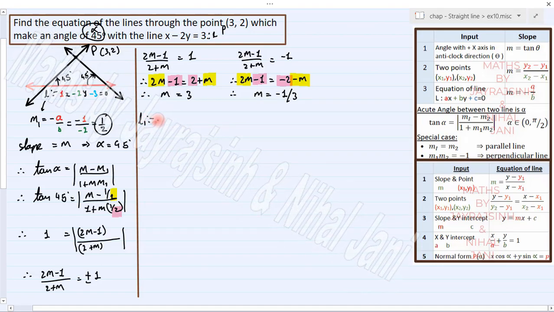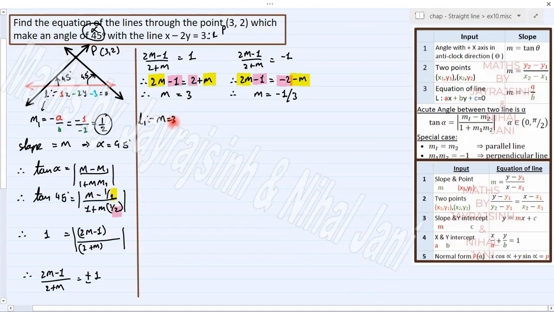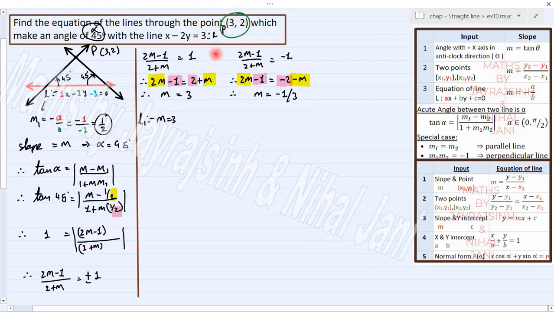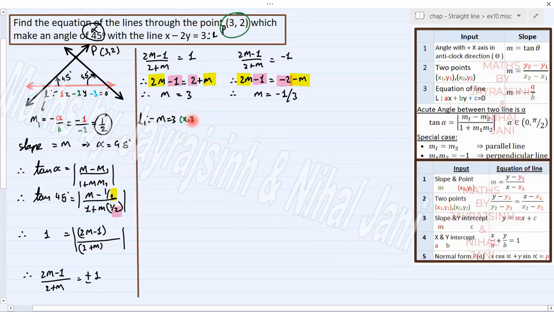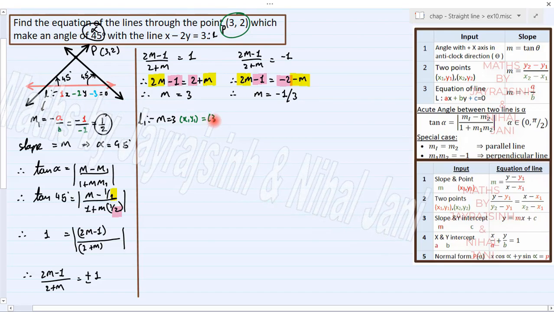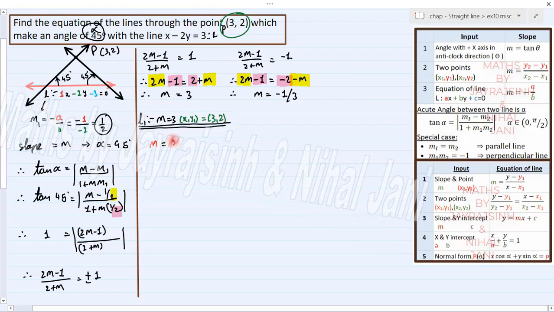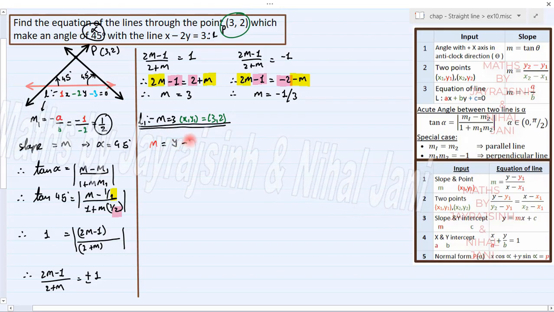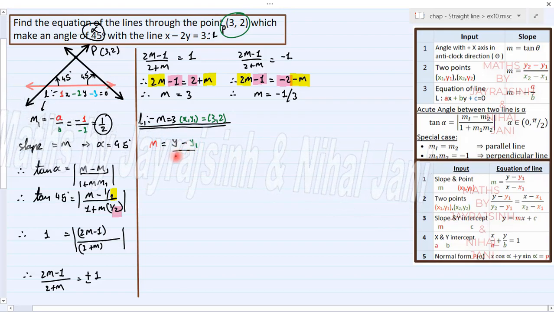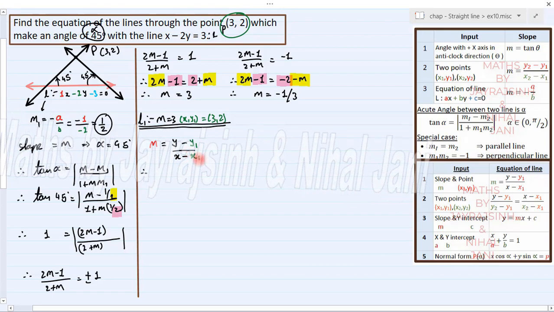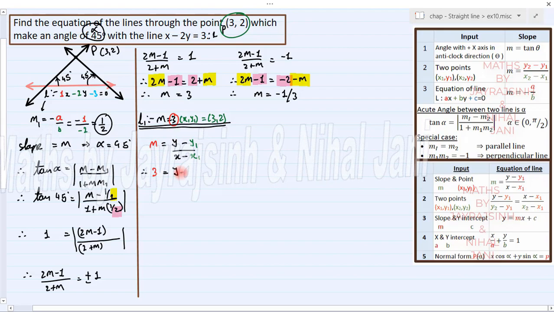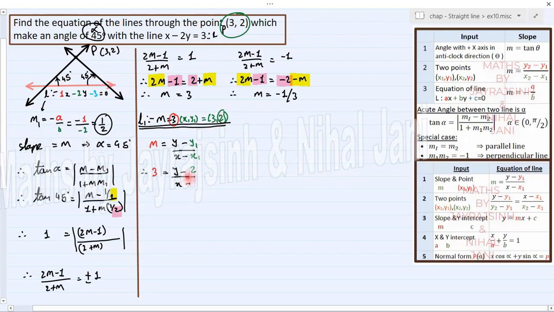Your first line has slope equal to 3 and passes through point (3, 2). So we can use the slope and point method, which is m is equal to (y minus y1) upon (x minus x1), where your slope is 3 and y1 is 2 upon x minus x1 is 3.